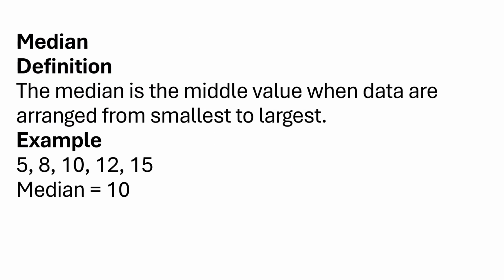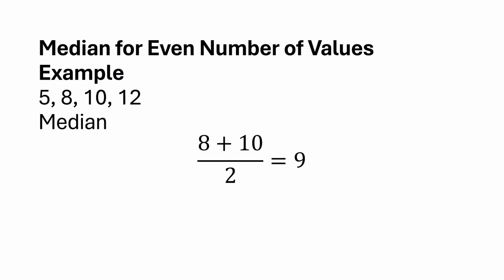The median divides a dataset into two equal parts. When the number of observations is even, the median is the average of the two middle values.